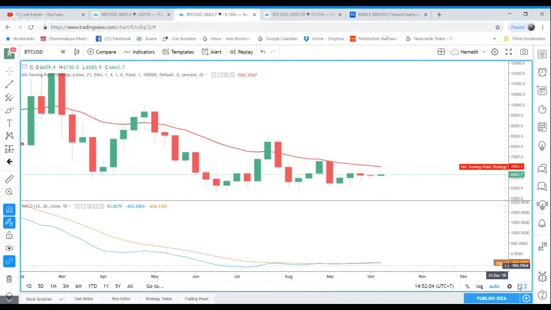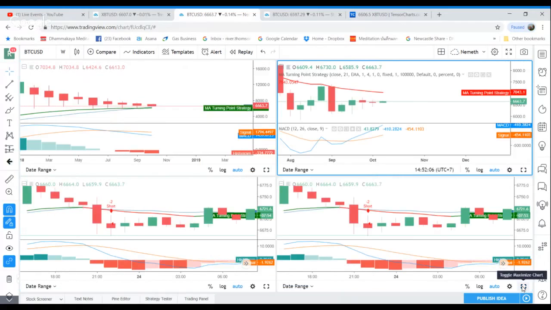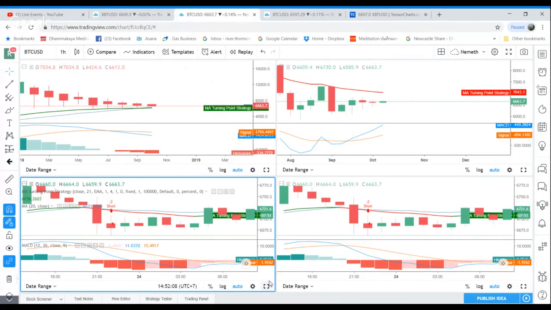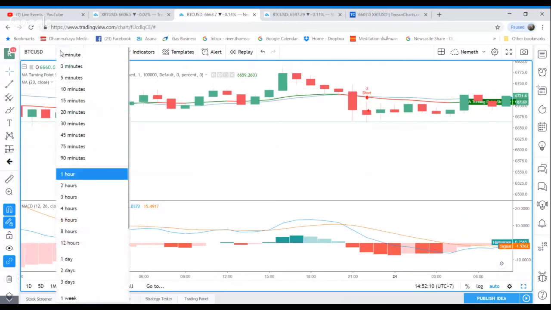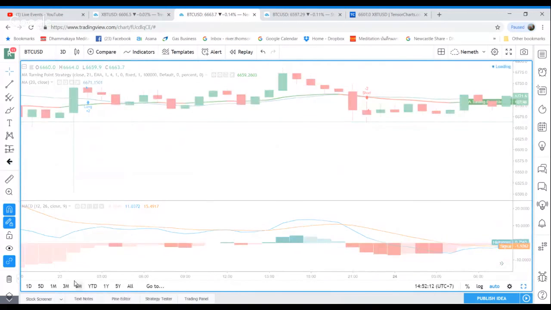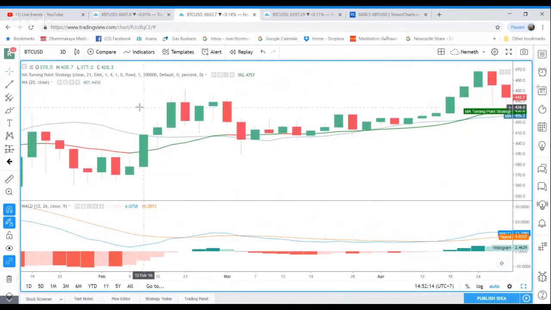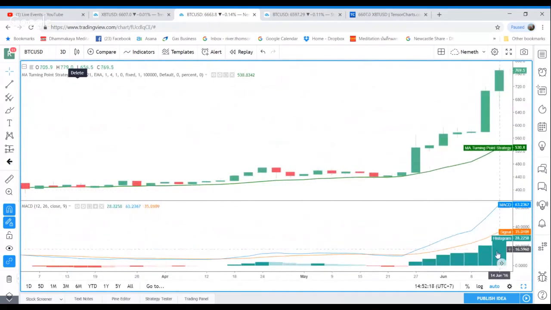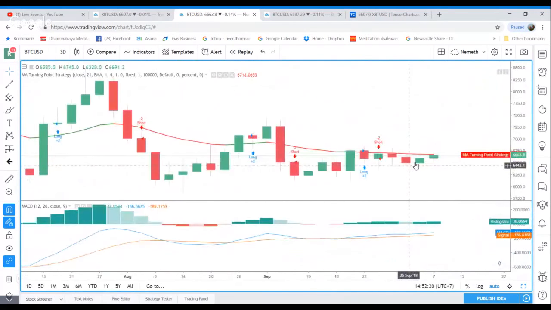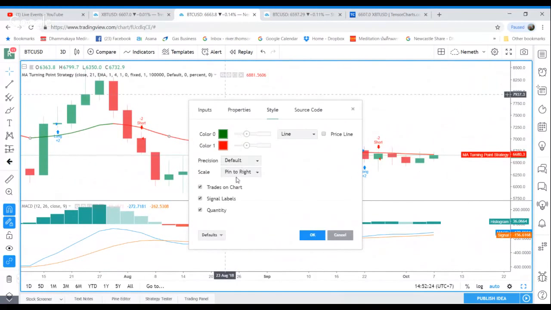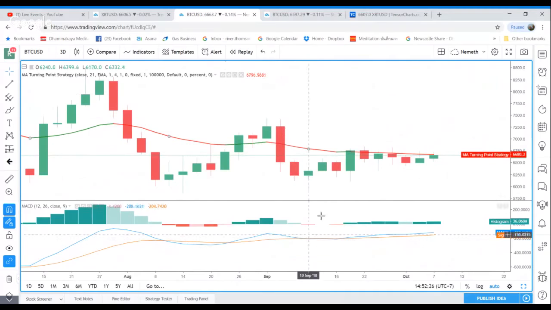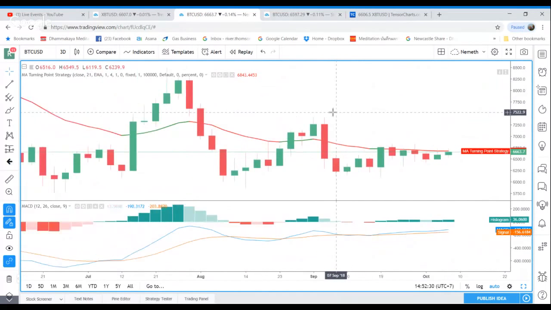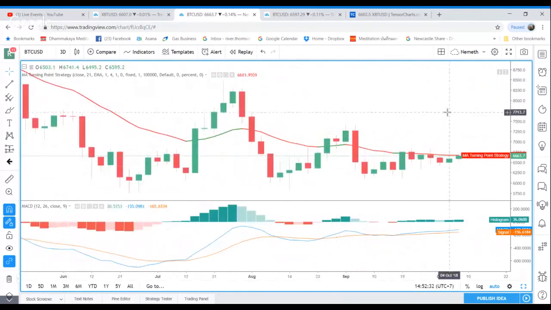Now, let's look at the daily. Actually, it's 3 daily. 3 days. So here's the 3-day chart, a little bit more zoomed in.